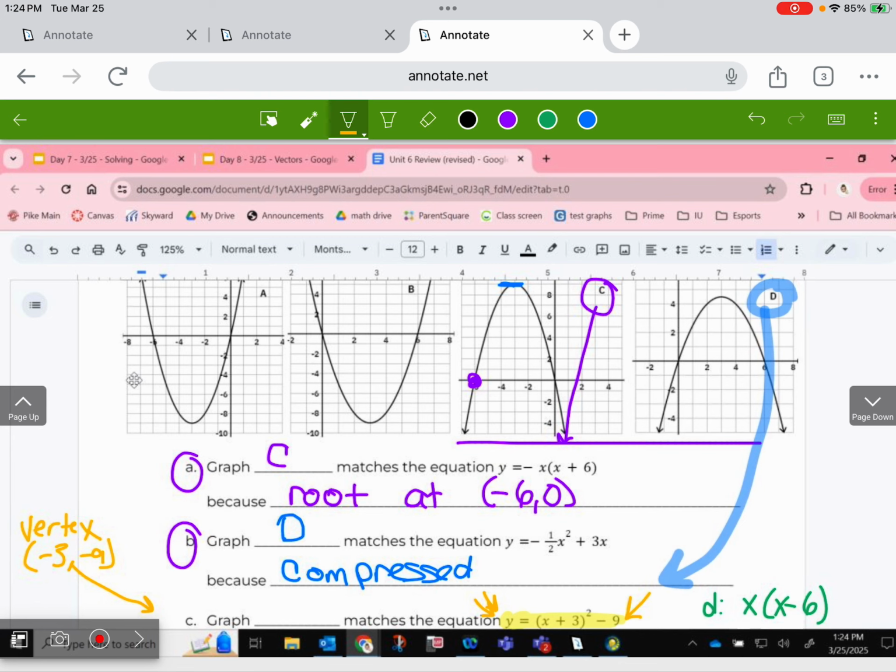So if we look at our graphs, which one of these graphs has a vertex at -3, -9? A. -3, -9 is this guy right here. That's our vertex. So we then know that equation lowercase d goes with graph, which one?